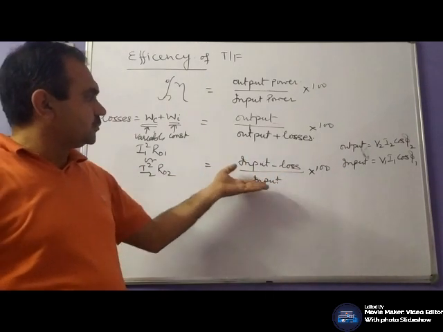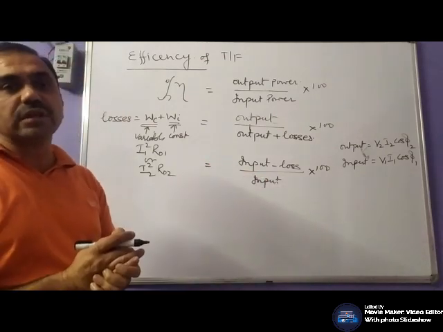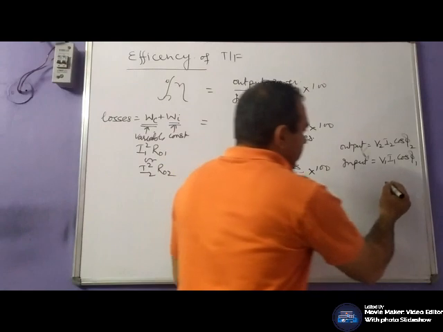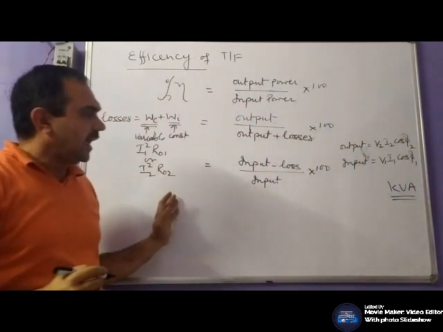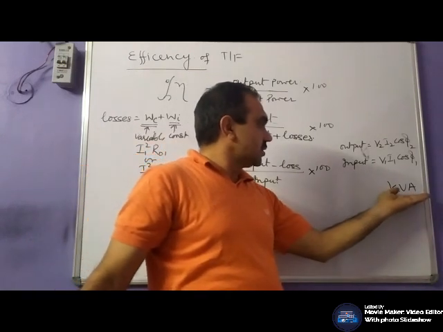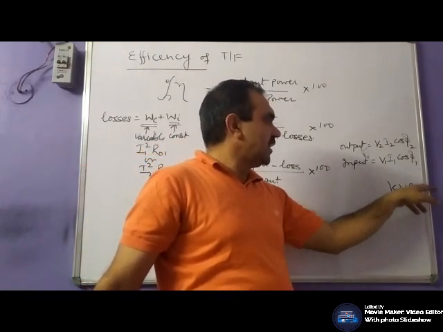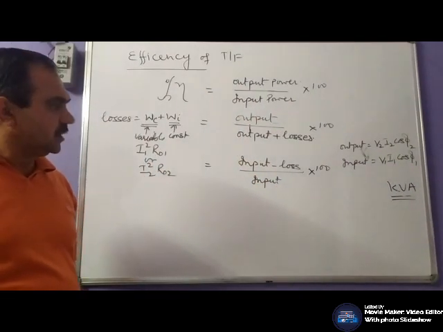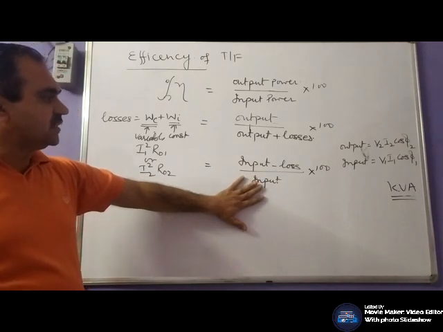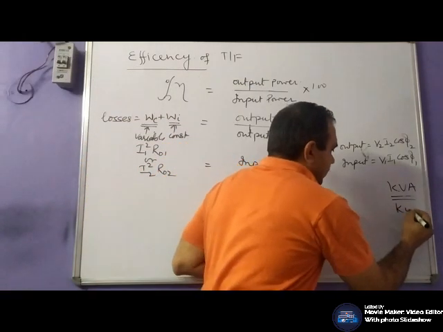And we will take these parameters in terms of watt or kilowatt, not in terms of kVA. Where the transformer rating is given in terms of kVA, its iron losses are dependent upon voltage and copper losses are dependent upon current. But we will find the efficiency using the rating in kilowatt.